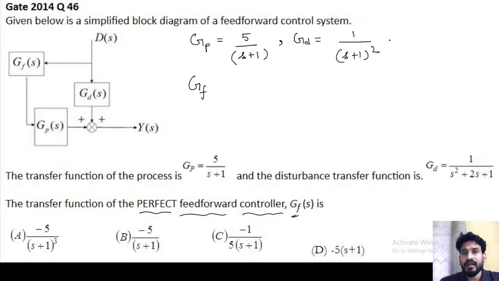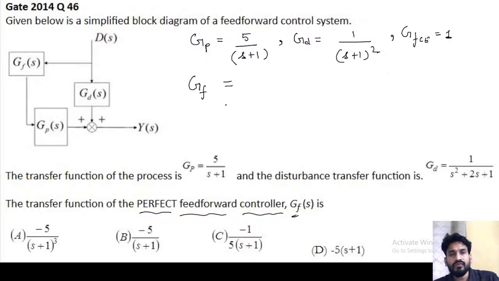No worry. If other transfer functions are not given to you, it means that all their transfer functions are 1. No GSP is given, no problem. No final control element transfer function is given, let's suppose it is 1. Rest is 1. This is my controller.